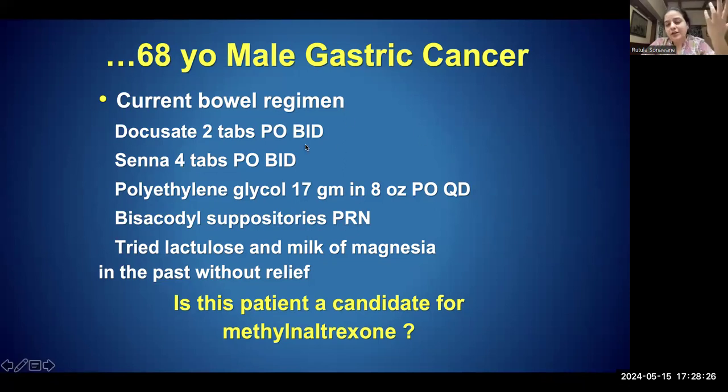Will opioid rotation help? Is that acceptable? I mean, if the constipation is too troublesome, will switching over to an opioid which is less constipating, for example, fentanyl or buprenorphine, would that help him?